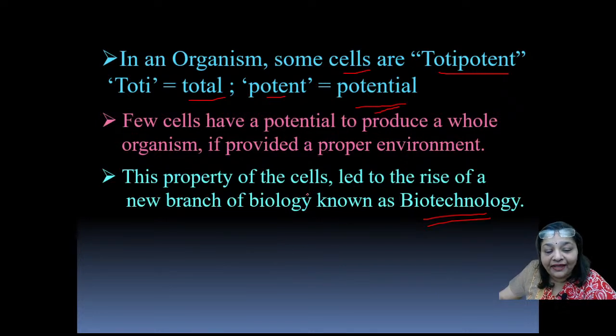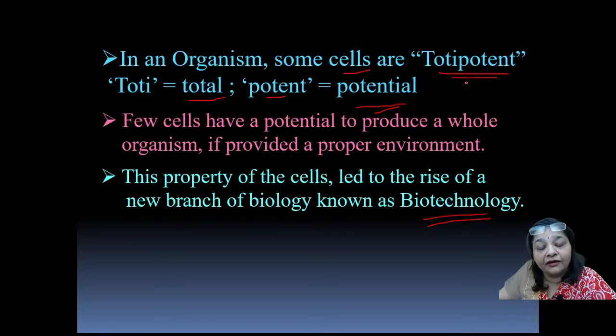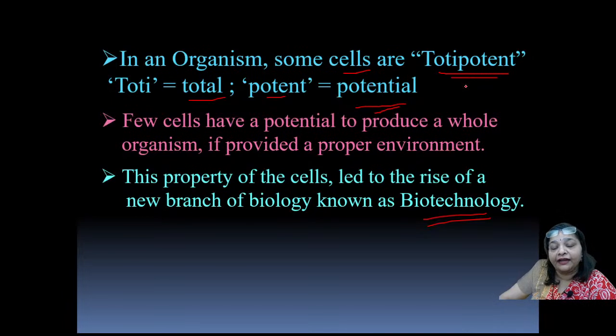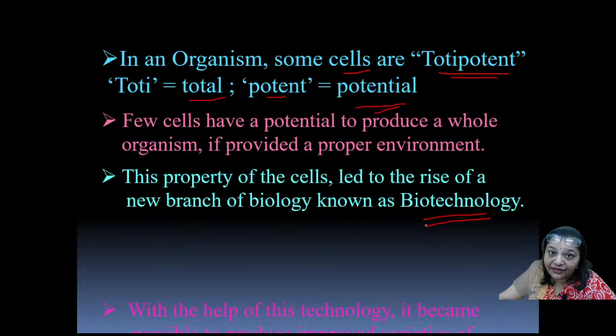So here we are going to use this property of the cells called totipotent property, to produce a whole organism. So a single cell can produce a whole organism. Yes, it can. And we are going to learn all these things under this field called biotechnology, right?